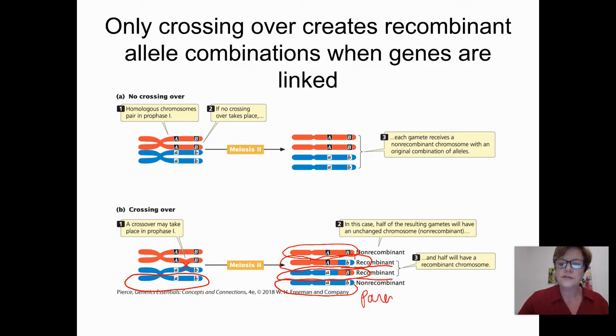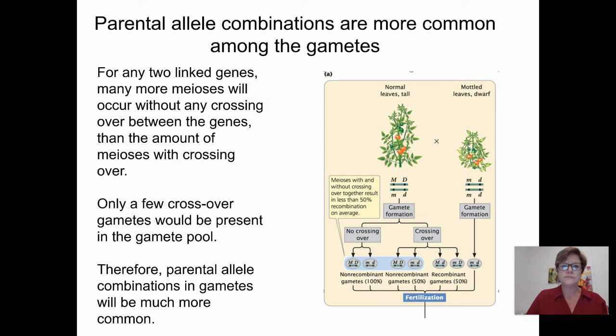So the parental allele combinations are the ones that don't have a crossover, they're not the result of a crossover, and then the crossover allele combinations are the ones that do result from a crossover. So we go back to this cross, a more realistic image of what this cross would probably look like.